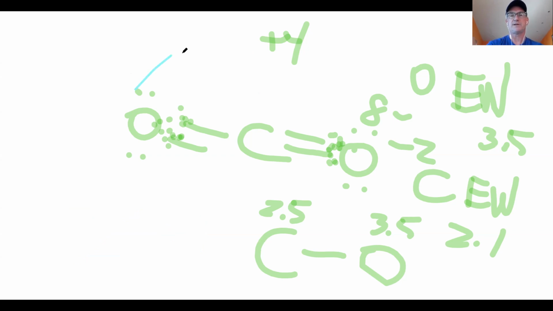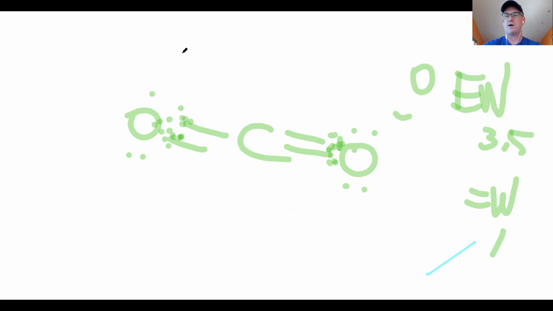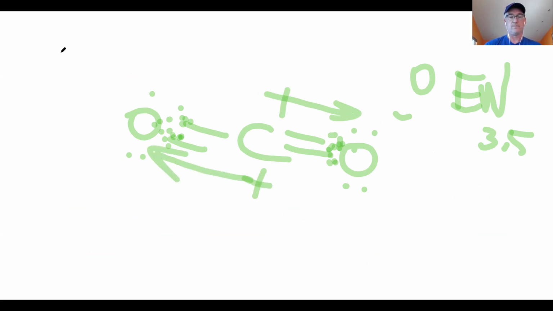There's my partial positive, there's my partial negative. So when I draw my indications of the dipole, they're going to look like this. This carbon-oxygen bond is polar, pointing in this direction.